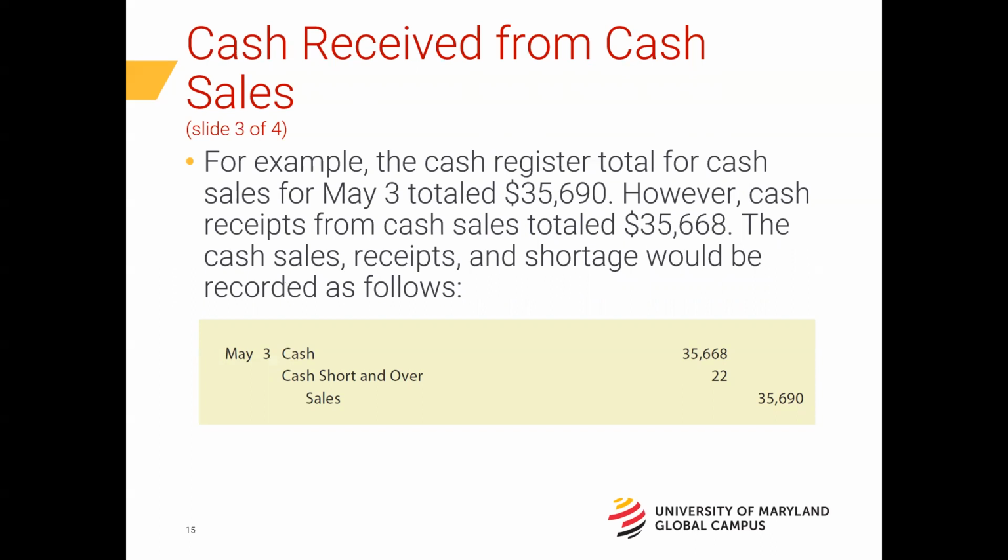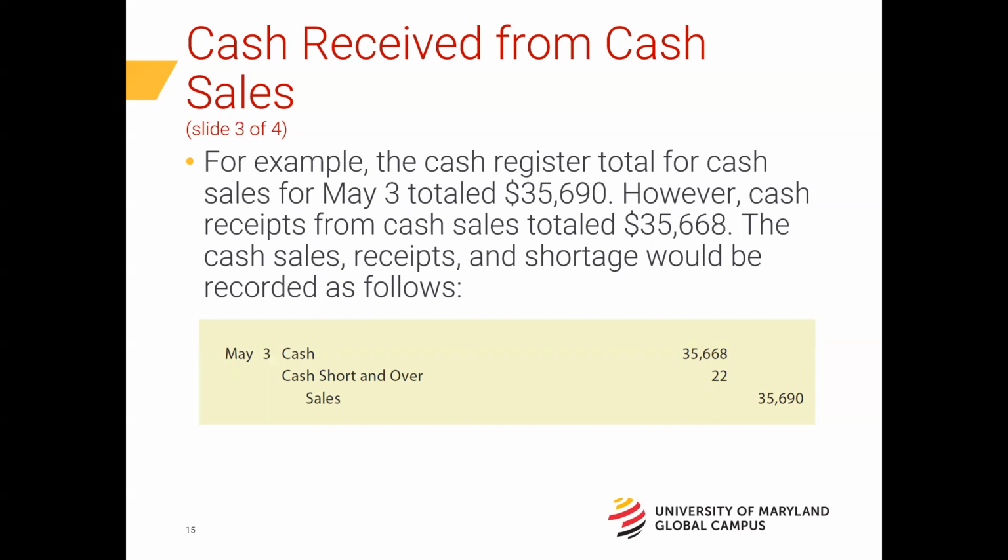Okay, so what is the type of journal entry that we would make in the receipt of cash from sales? And how do we account for the cash shortage or overage? So here's an example of this. At the end of the shift, we collected $35,668 in cash.